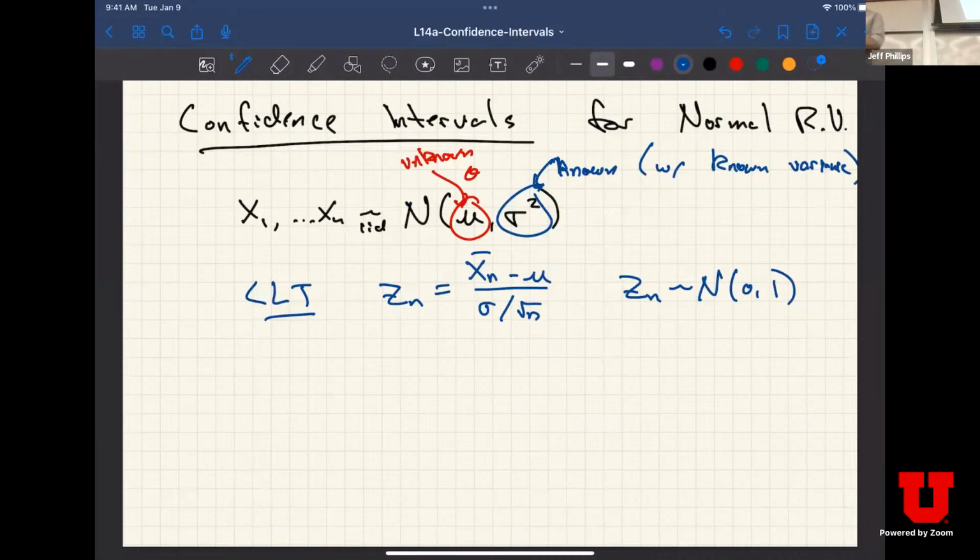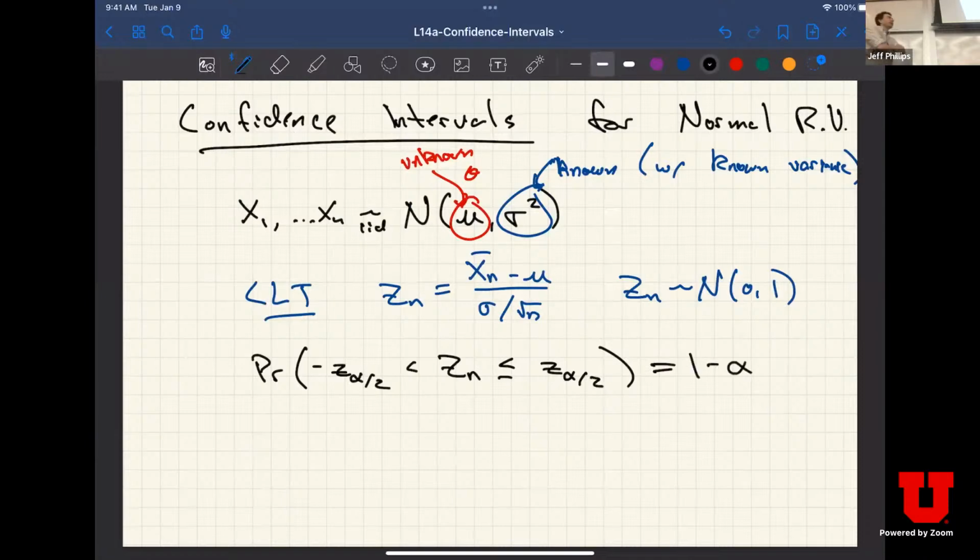In particular, for a standard normal distribution, the probability that negative z alpha over 2 is less than Zn is less than lowercase z alpha over 2 is exactly 1 minus alpha.